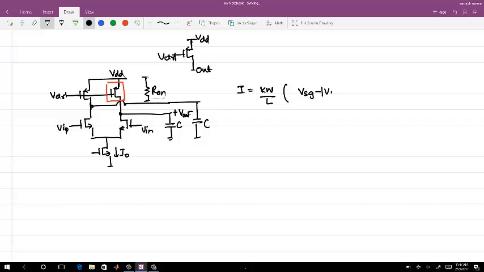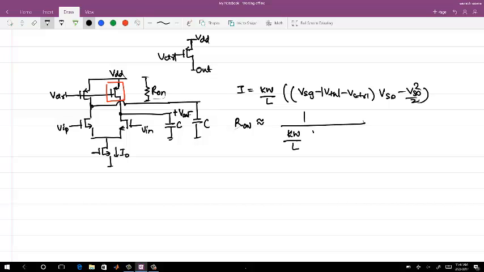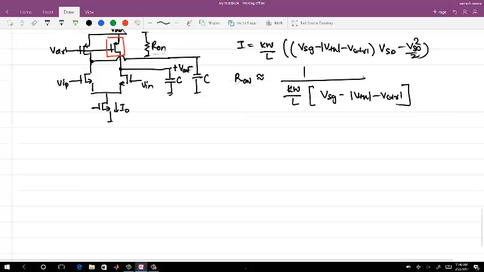So I is kW by L into, and all the assumptions I'm making right now, VSG minus mod VTH minus V control times VSD minus VSD square by 2. Okay, so R on is effectively equal to 1 over kW by L into VSG minus VTH minus V control, neglecting the second order term.